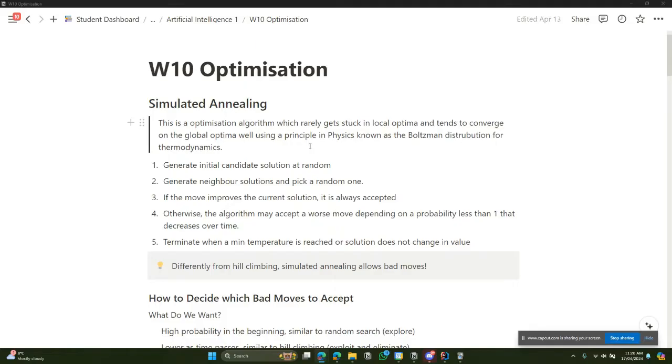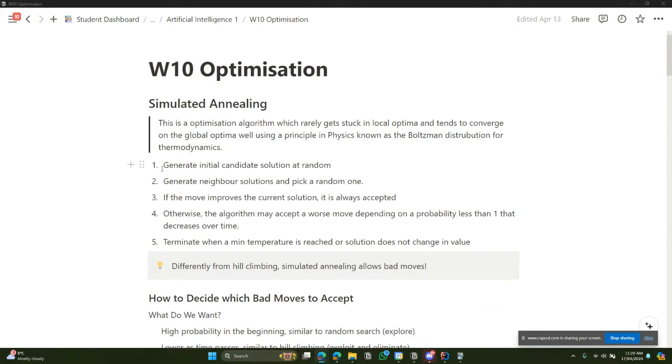It uses a principle from physics known as the Boltzmann distribution for thermodynamics. So those of you who know thermodynamics will be able to see how this is related to physics. I don't know if any of you know what that is. Anyway, cool.